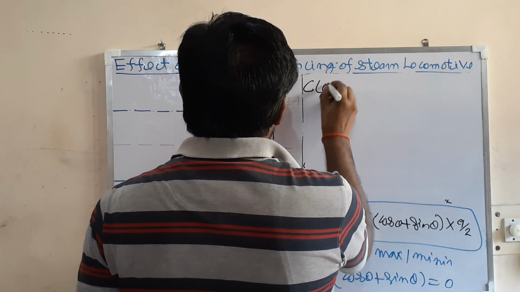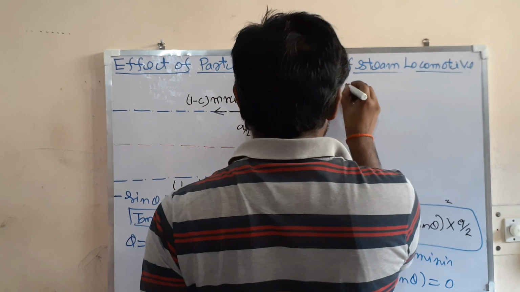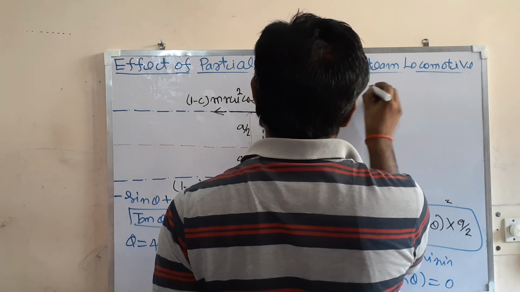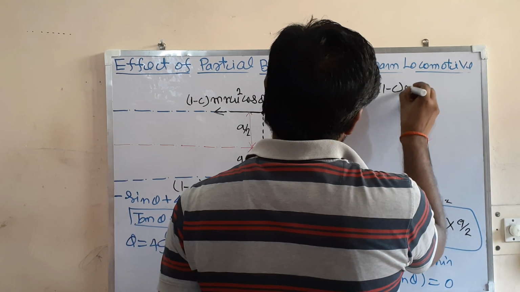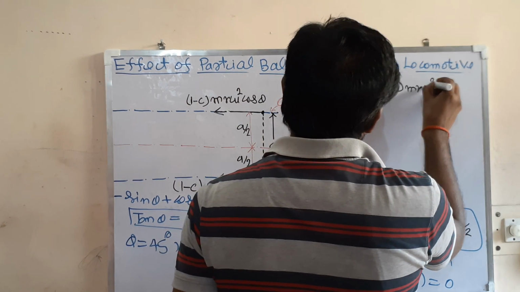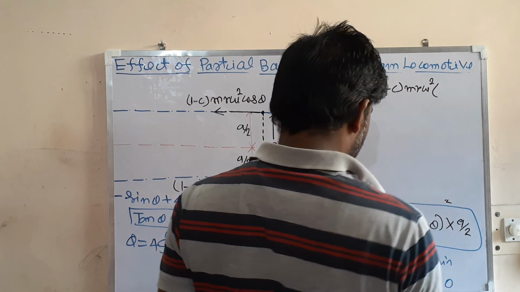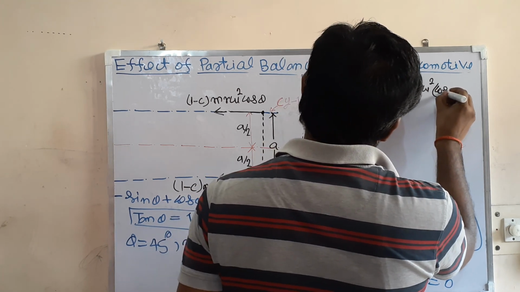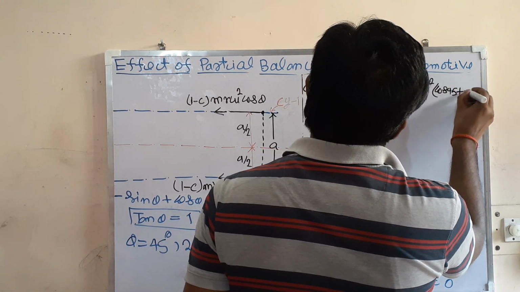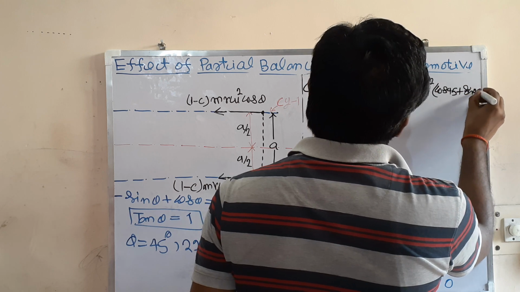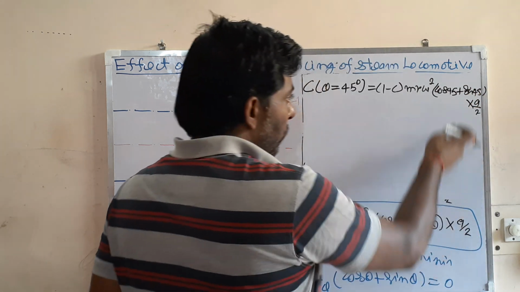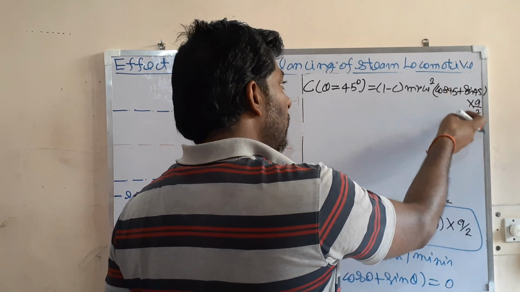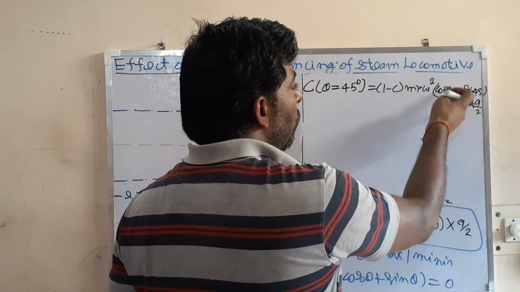Value of C at theta equal to 45 degree. So what we are getting, this (1 minus C) m r omega square, this cos 45 plus sin 45 into distance a by 2. So that will be 1 by root 2, 1 by root 2, that is 2 by root 2, 2 gone.